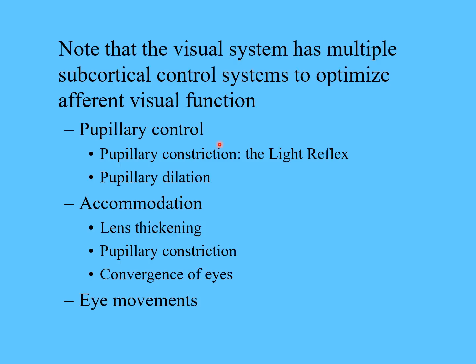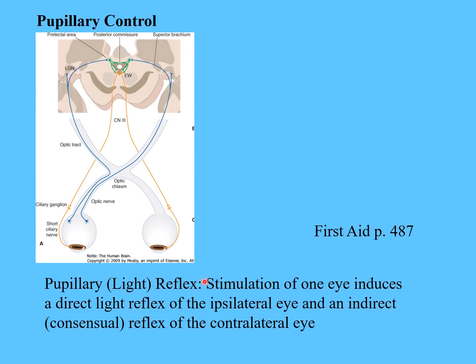And it controls both pupillary constriction and pupillary dilatation. And then we'll look at accommodation in which there is a lens thickening, pupillary constriction, and convergence of the eyes to see some objects that are closer, and a variety of eye movements controlled by the cranial nerves 3, 4, and 7. We'll look first at pupillary control and the pupillary light reflex.